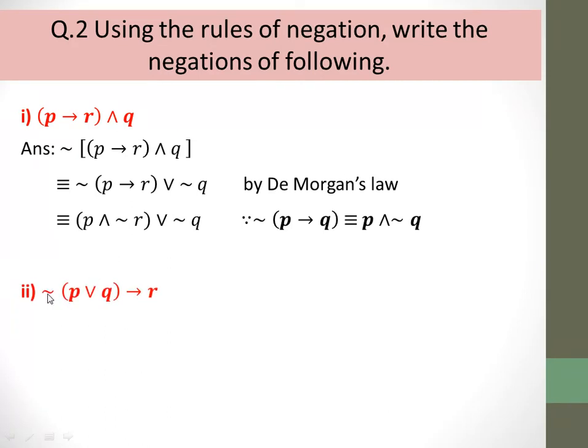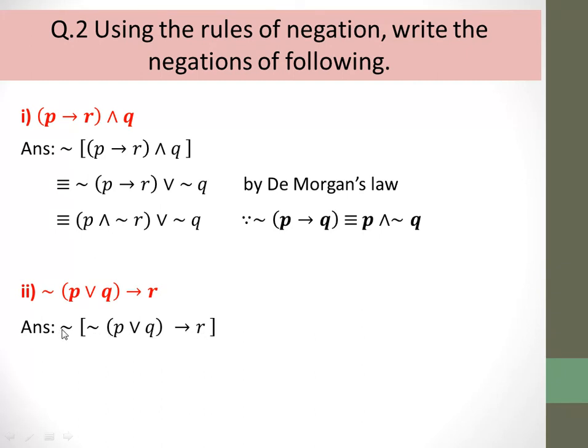See, negation of P or Q implies R. This is the statement pattern given to you, and we have to find the negation of this whole statement pattern. So in the answer, how will you write? First step, you have to find the negation of the given statement pattern. Negation is operated on this.